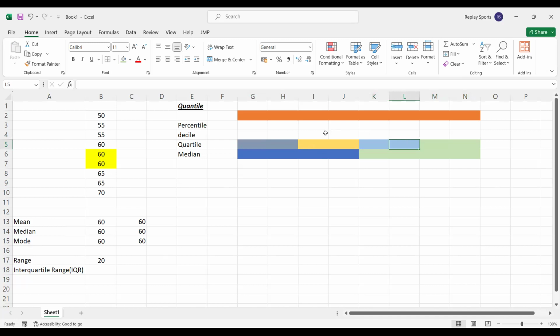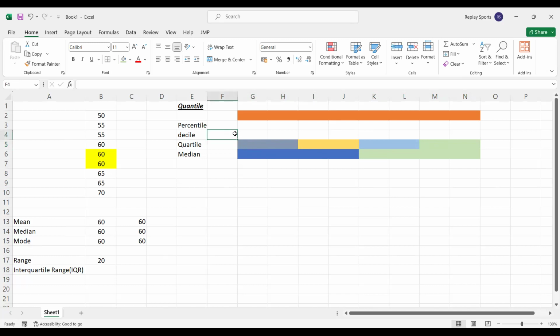So you are finding the median of the medians that you created. Now your data set is divided into 4 parts.